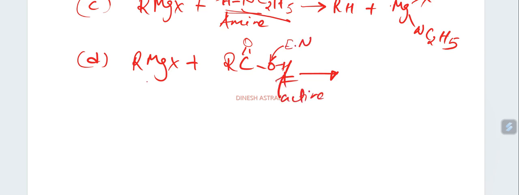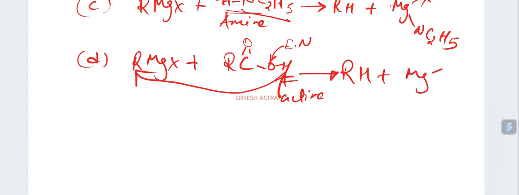Same concept: bind this hydrogen with this alkyl group, you get RH, and the remaining one will be Mg, X, and here you will be writing O, because it's bonded to O, COR. Done. Is that clear to all of you?